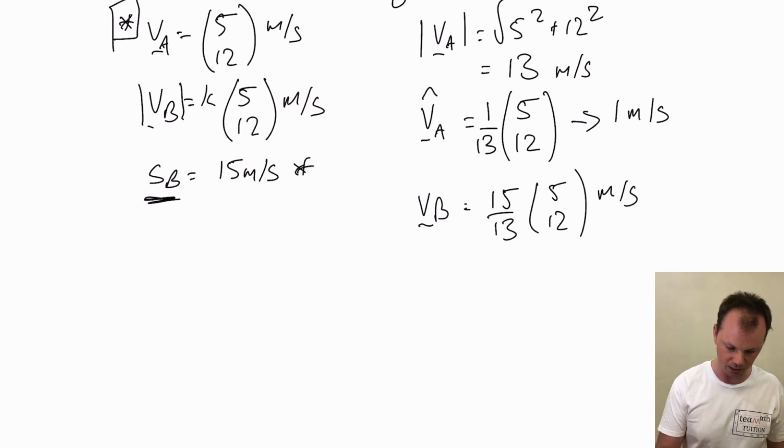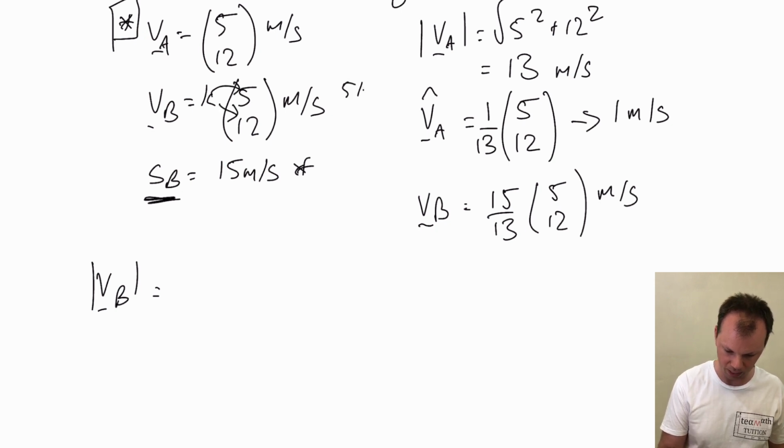So I could say the magnitude of VB, if I multiply this in, we will have 5k, 12k.